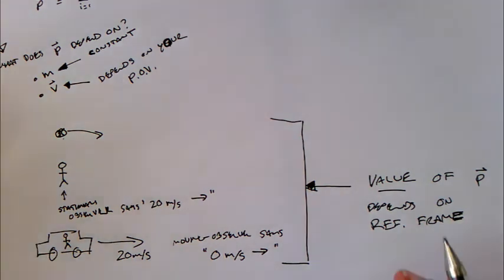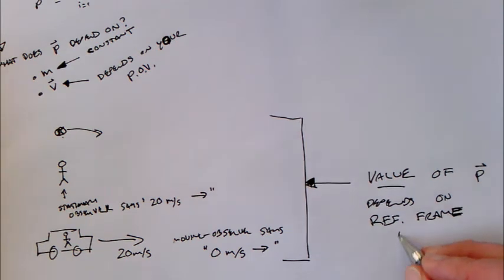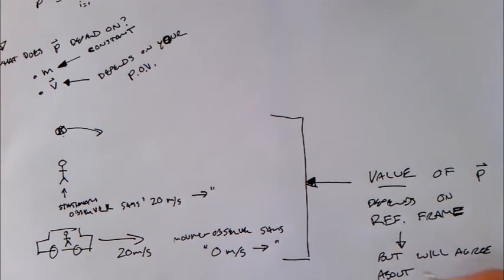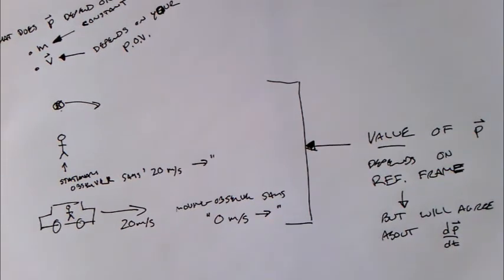On the other hand, people in different reference frames will still agree about what the rate of change of the momentum is. And that will be true so long as that reference frame is what's called an inertial reference frame, or a reference frame that's traveling at constant speed.